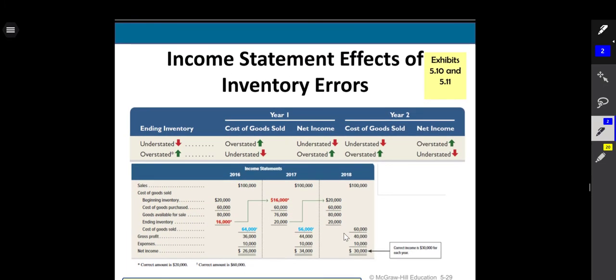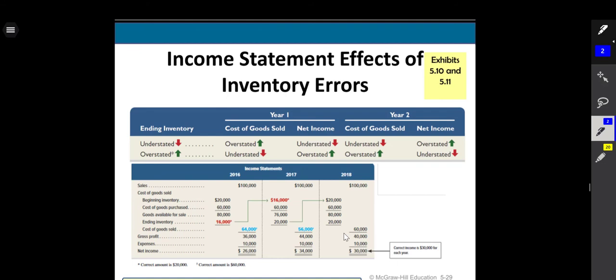When we look at the impact of inventory on current and future statements, here are some examples. If we understate ending inventory, cost of goods sold is overstated in the first year, and net income is understated. In year 2, it will reverse itself. You see that? Likewise, if we overstate inventory, the cost of goods sold will be understated, and income will be overstated, but the second year that will reverse itself. It happens because we're always moving ending inventory value forward.